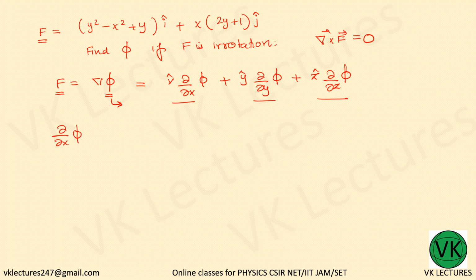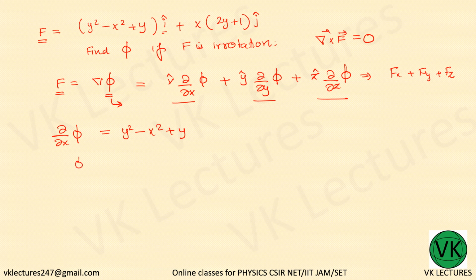F can be written as fx, fy, fz, the different components of F. So dou by dou x of phi is equal to y square minus x square plus y, right?